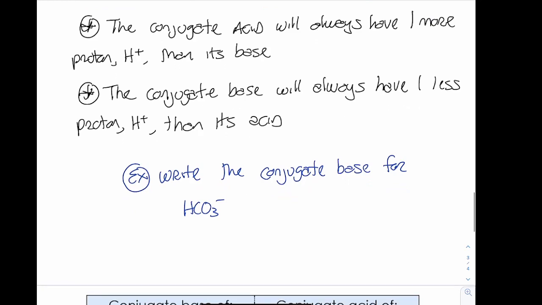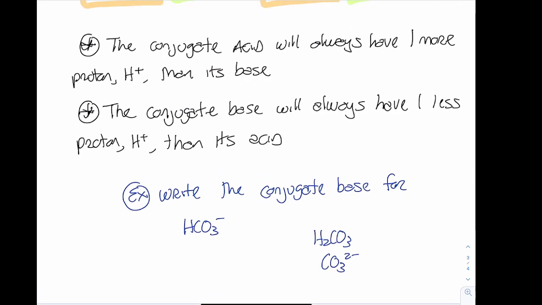I know that a conjugate pair is going to differ by one proton, so I could either add one proton to it, H2CO3, carbonic acid, or I could take a proton off of it, CO3 2 minus, carbonate ions. Depending on what I'm asking for, you're going to do one of those. Since this problem wants the conjugate base, we know that our base will always have one less proton. So my conjugate base is carbonate ions. I'm going to remove a proton.